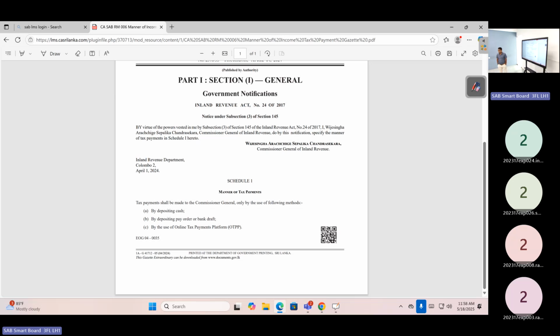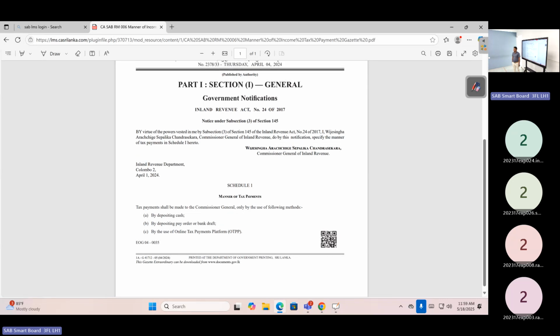It says income tax payment shall be made by depositing cash, by depositing pay orders or bank draft, by use of the online tax payment platform. So now income tax can be discharged using only these modes.